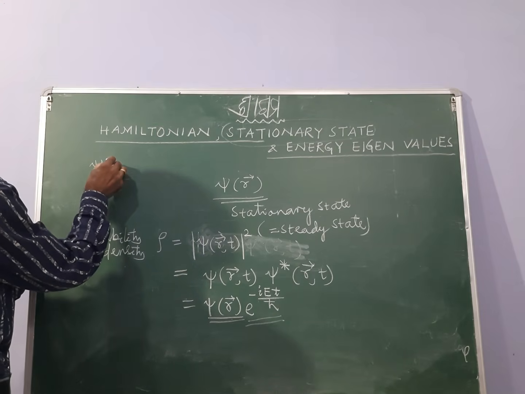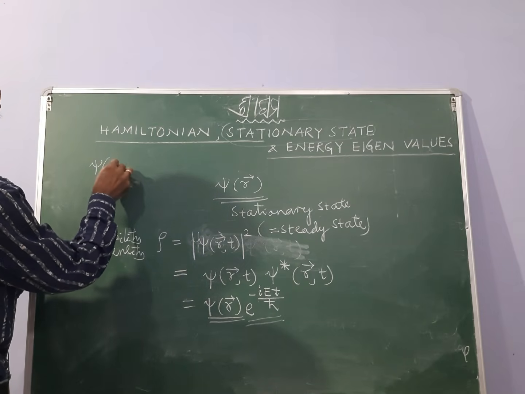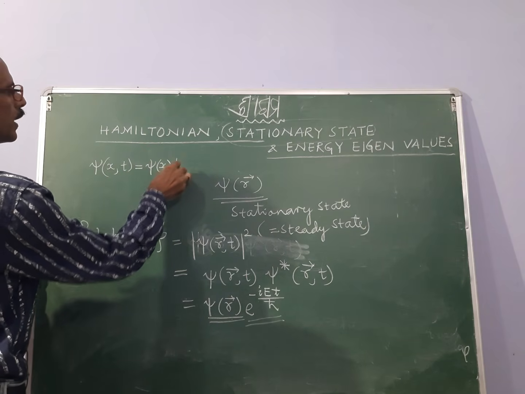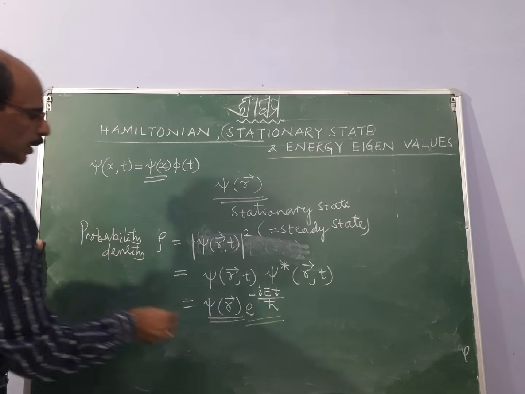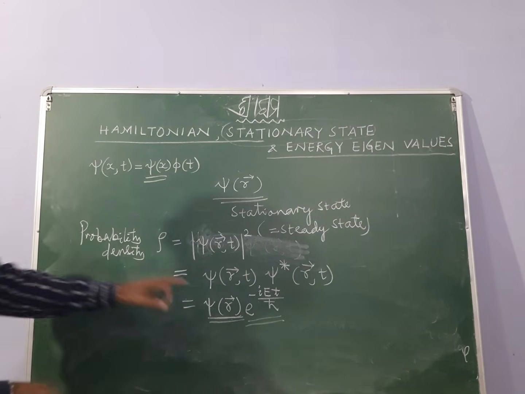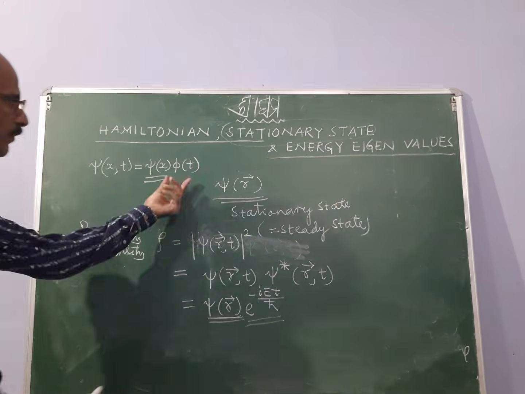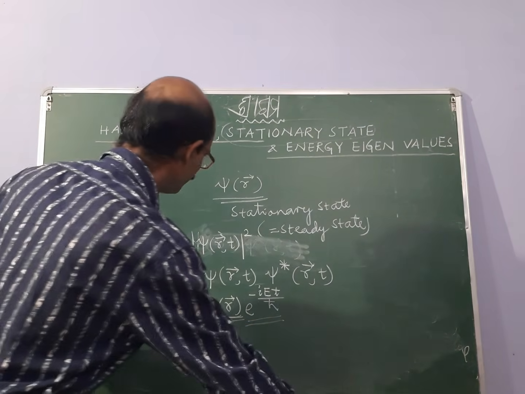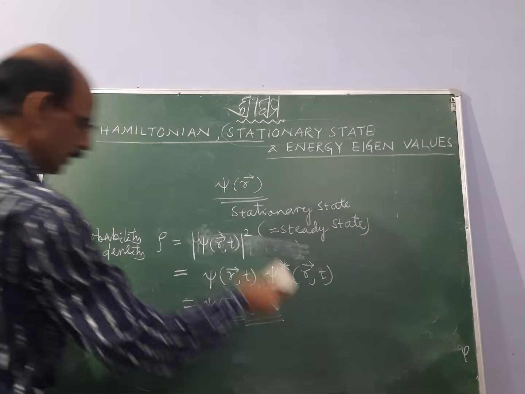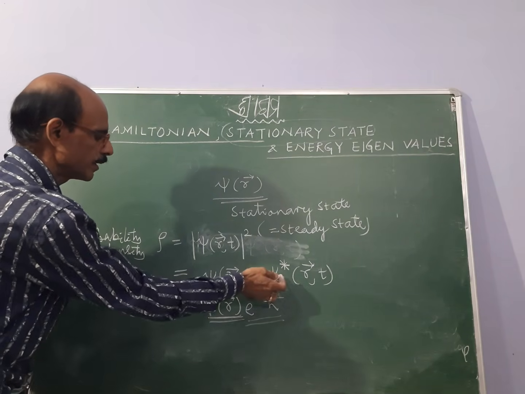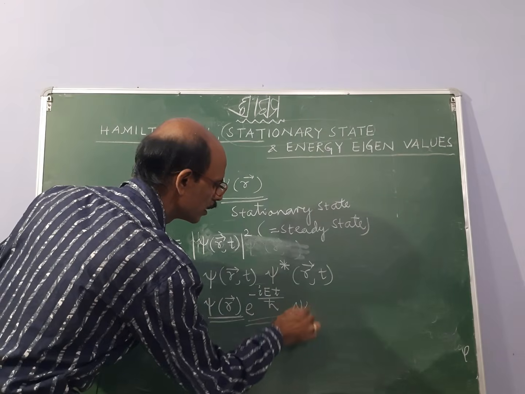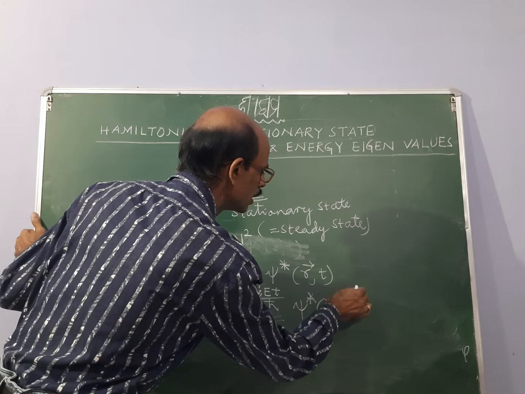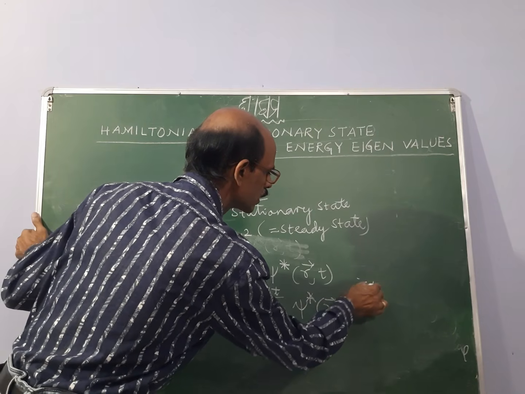While deriving the time independent Schrödinger equation, I had used psi x t is equal to psi x into phi t. So in place of psi x there is psi r because it is involving all the coordinates, and phi t is given by this. When we take the complex conjugate of this psi, we will obtain psi star r exponential i E t by h cut.